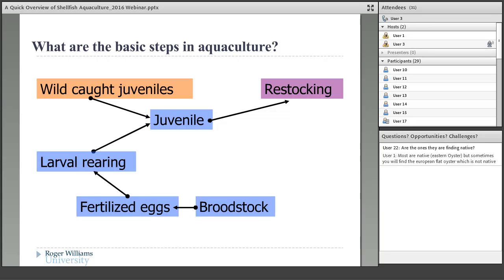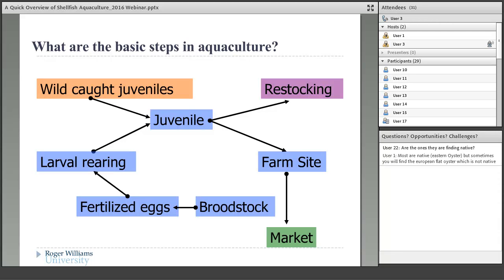If you are raising these oysters to grow on a farm, then at some point they are moved out to the farm site, where they're held until they are available for marketing. At the same time, a select group of oysters from that cohort might become the broodstock for the next round of oyster production.